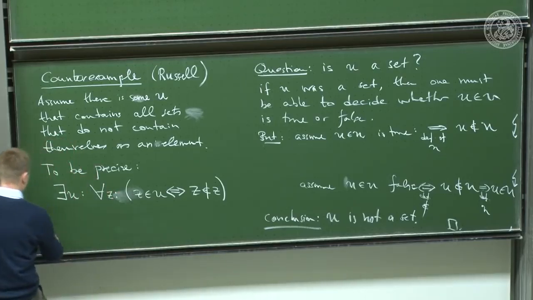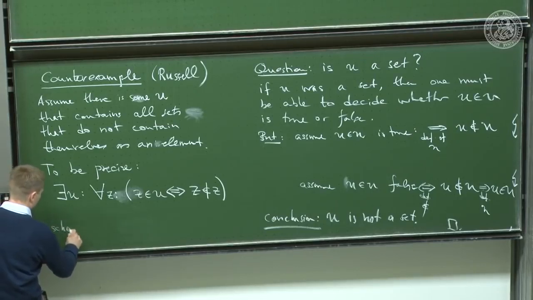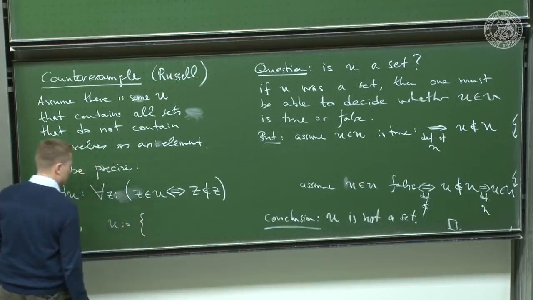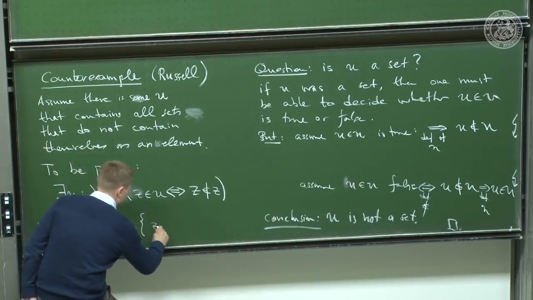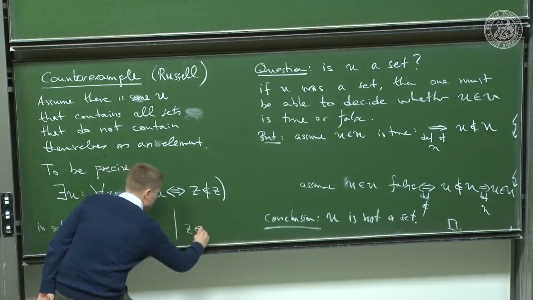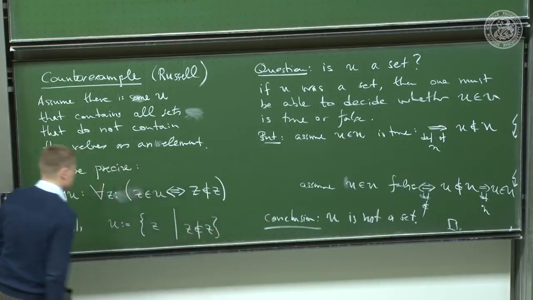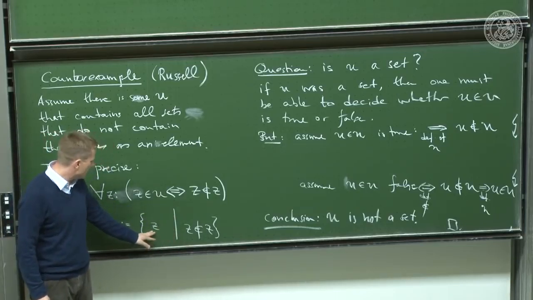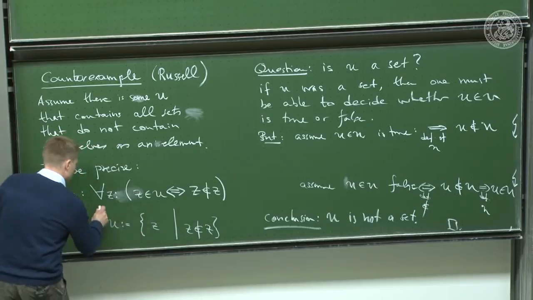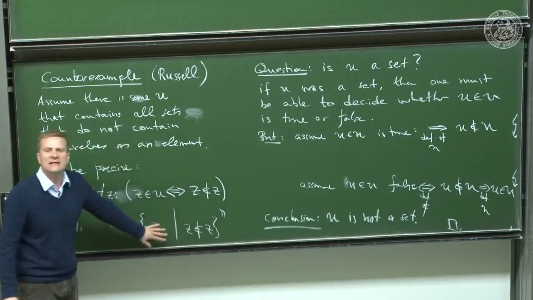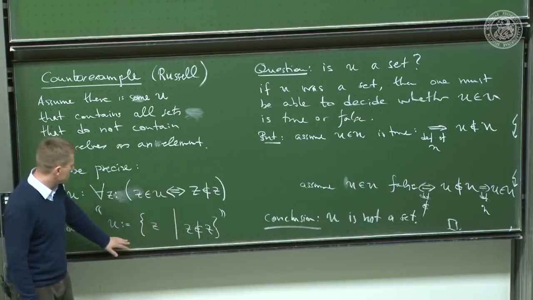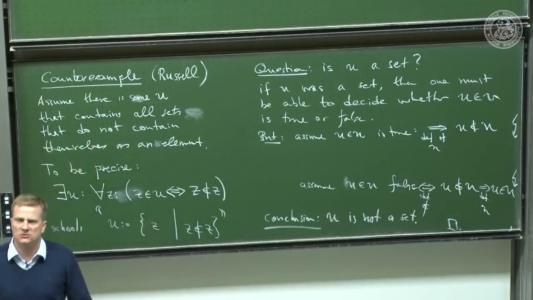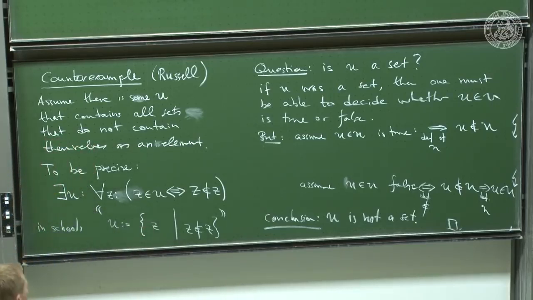You would, in school, maybe write U is defined as the set with all those elements Z that have the property Z is not an element of Z. This is just the standard notation for this. You condition elements to be in a set, I mean, mind you, we haven't introduced any such notation yet, okay? But that's the idea of what is written here, okay? And so you easily construct objects that are not sets.